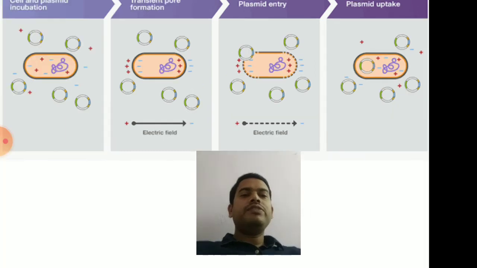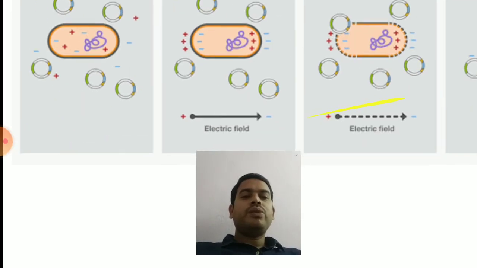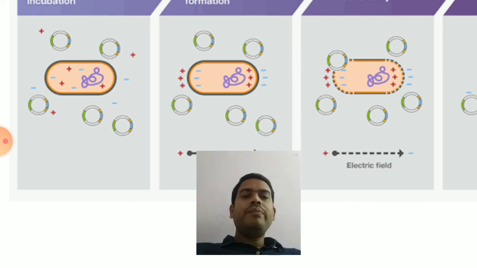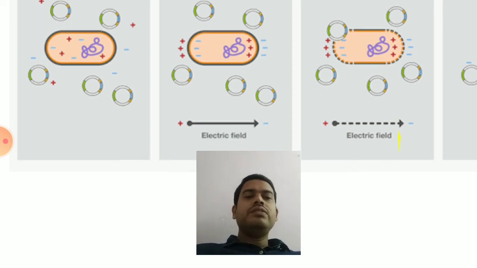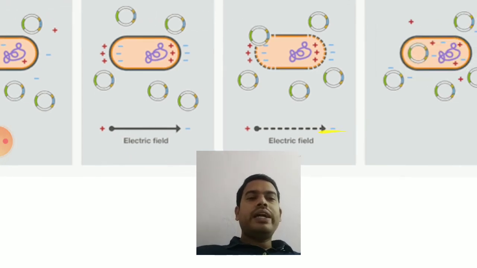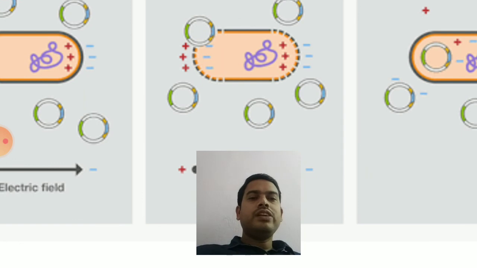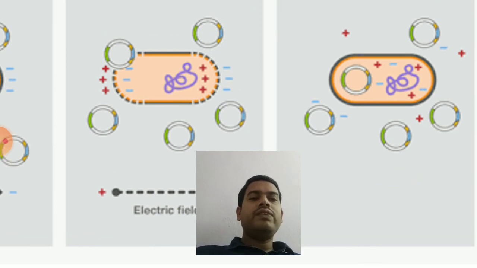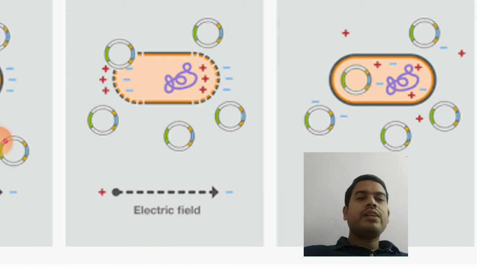So this is the diagram which shows the method of electroporation. So this is the normal bacterial cell. When you give an electric field application, it forms pores on the bacterial membranes. So you can clearly see the pores that are formed on the bacterial membranes. Then your foreign DNA or vector containing foreign DNA will enter into the bacterial cell with the help of these pores.